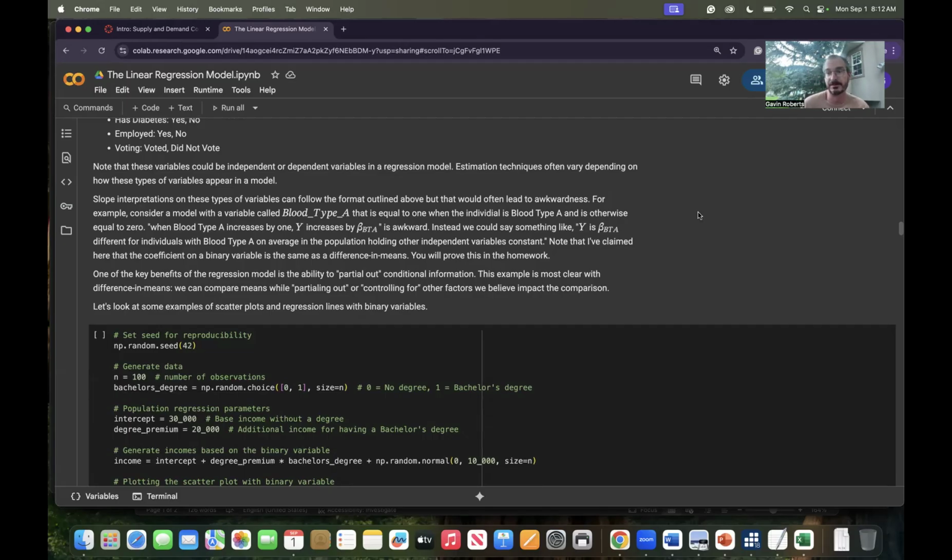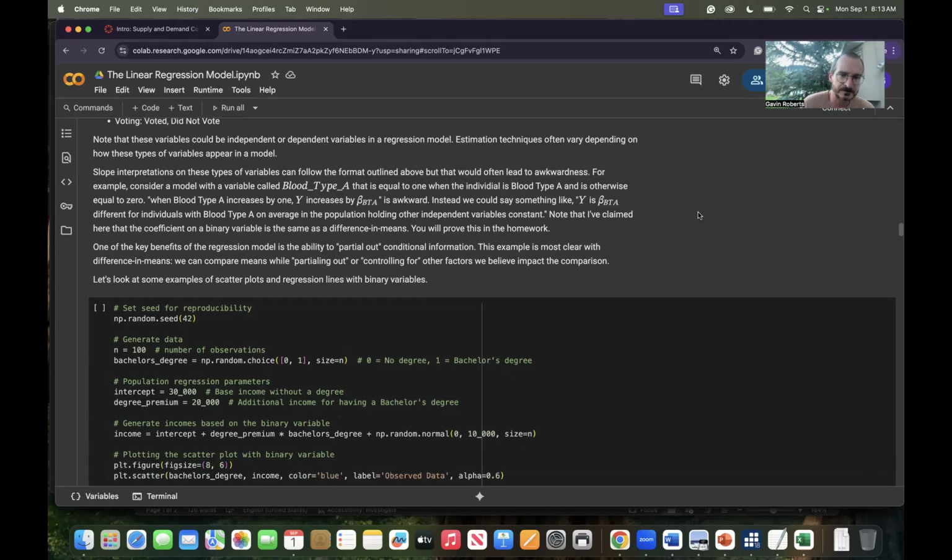It's true to say, but we wouldn't speak in that way normally. A better interpretation would be: on average in my data, holding other variables constant, people with type A blood have beta different cholesterol on average than people without blood type A in my sample.